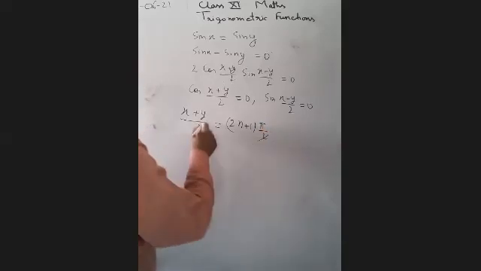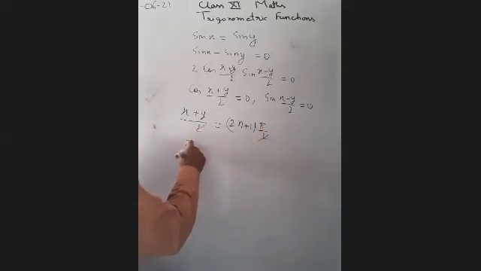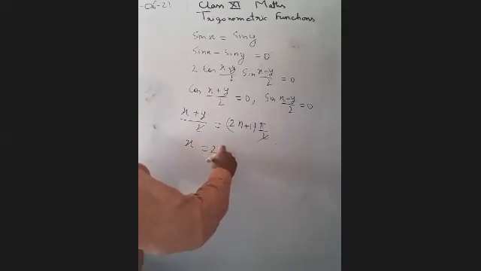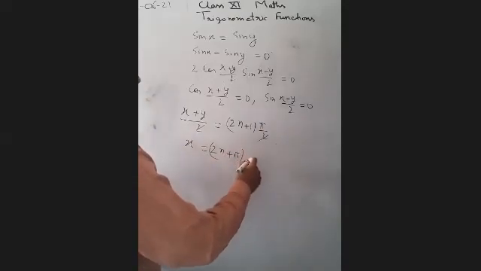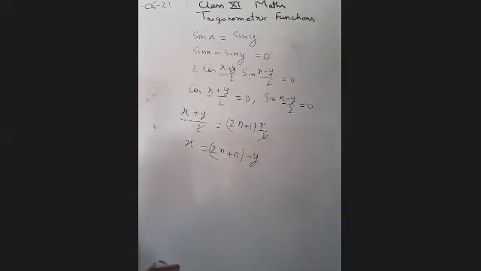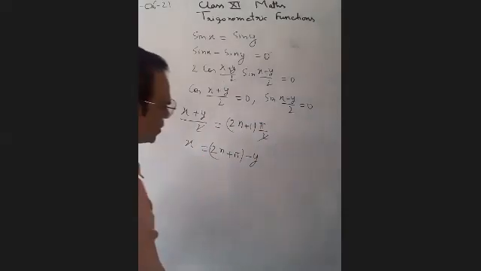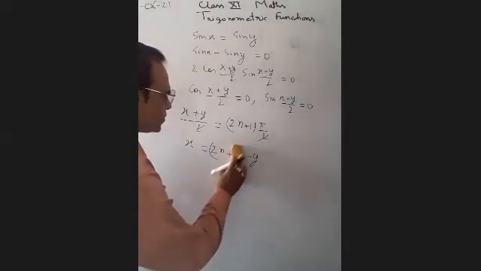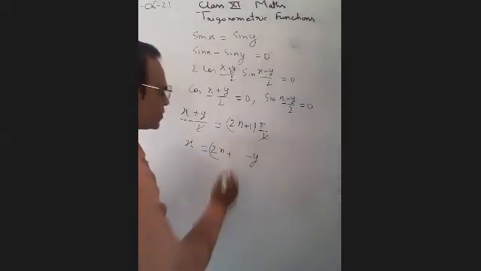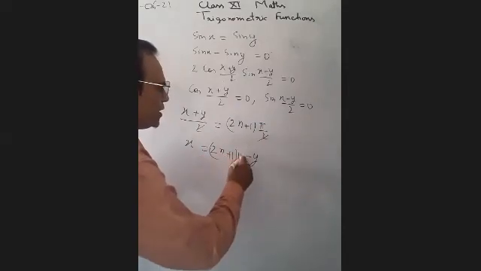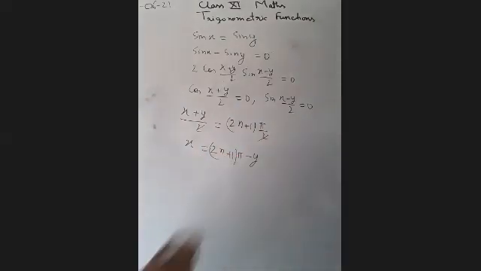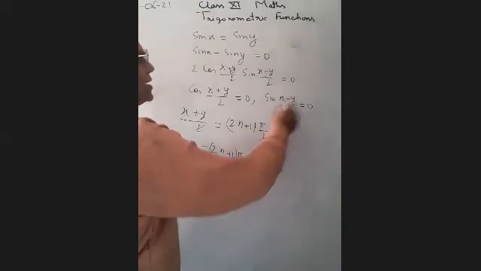The 2 we can cancel, then x is equal to (2n plus 1) pi minus y. We can take y to the right hand side.